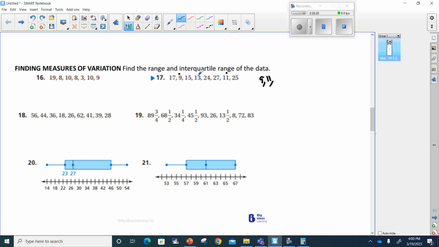The next smallest would be 13. The next smallest looks to be 15 and 17. And now we have 24, 25, and 27 left. 24.